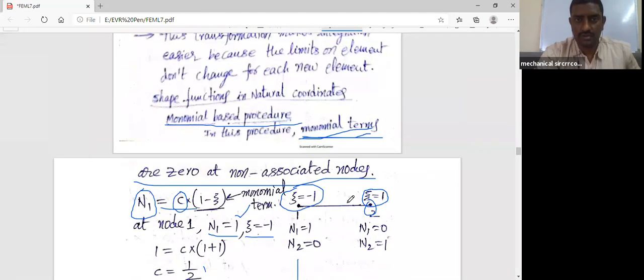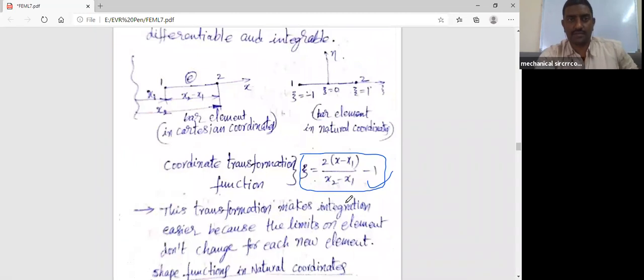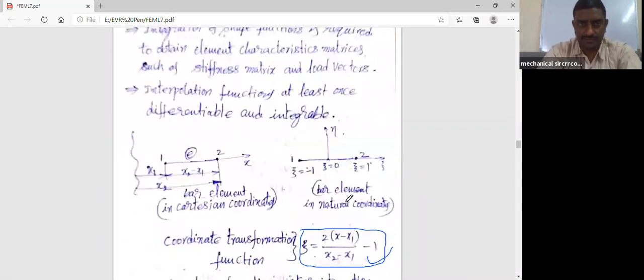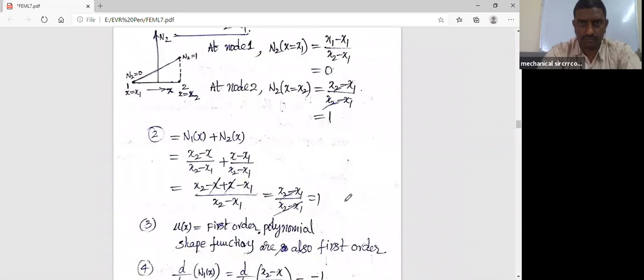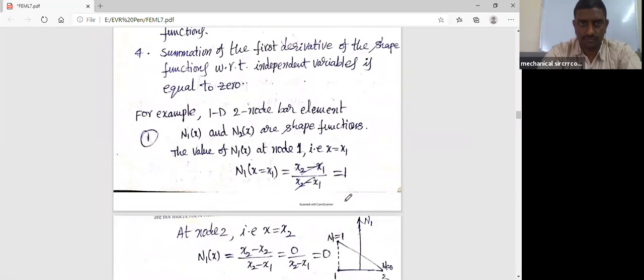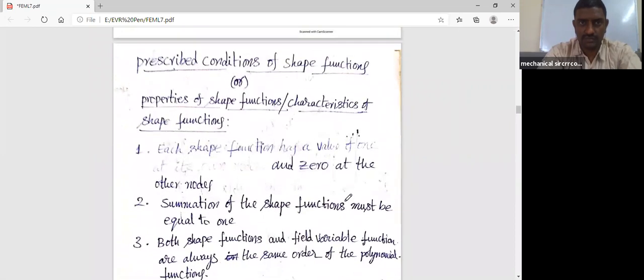So now let us discuss the properties of shape functions. The prescribed conditions of shape functions are the properties or characteristics of shape functions.